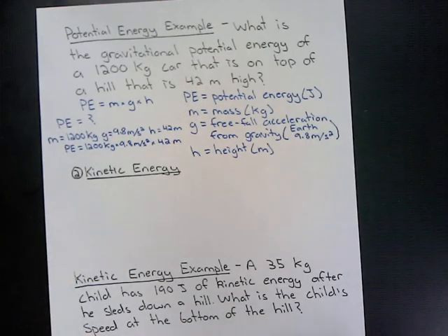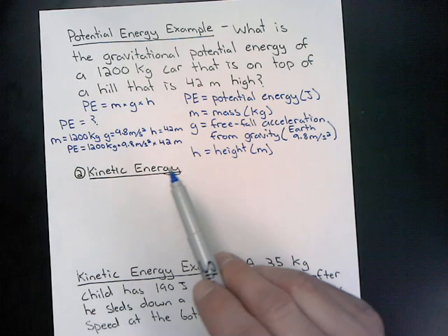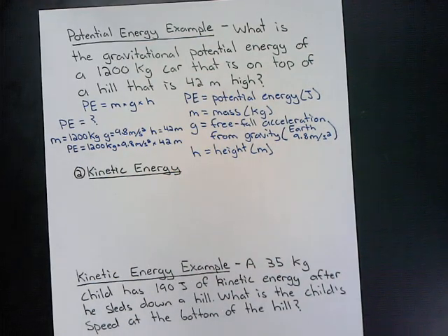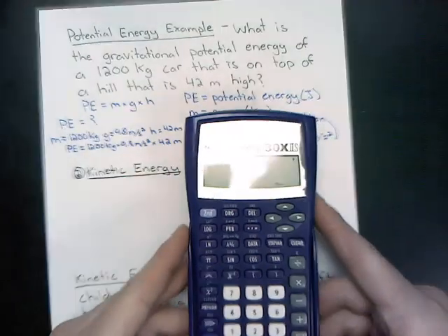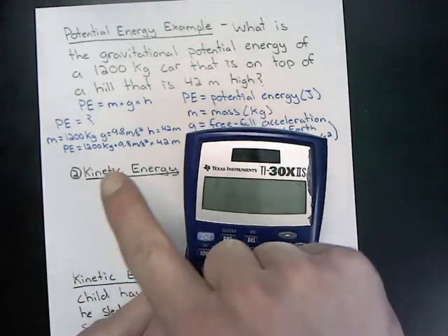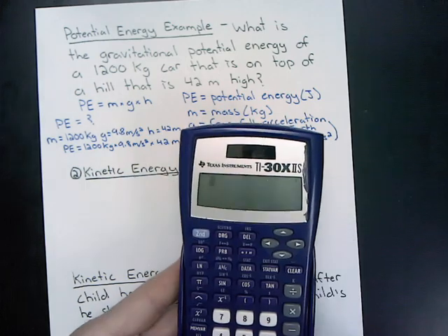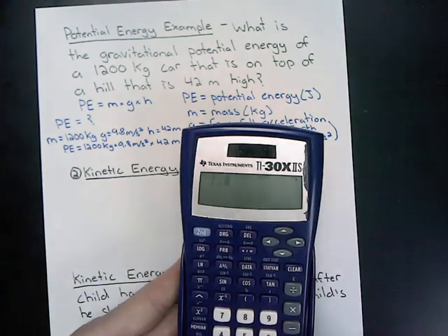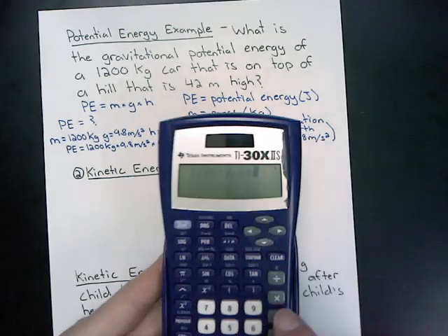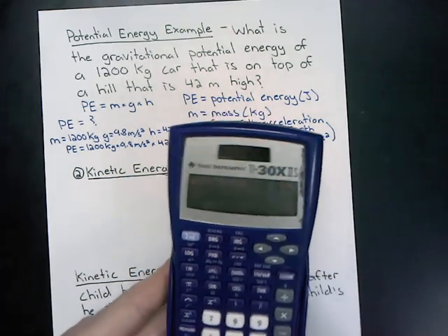Now, all I'm going to do is multiply these numbers across, and I'm going to obtain my potential energy in joules. All right, so like I said, all I'm going to do is type what I have written right here into my calculator. So I'm going to take 1,200 times 9.8 times 42.